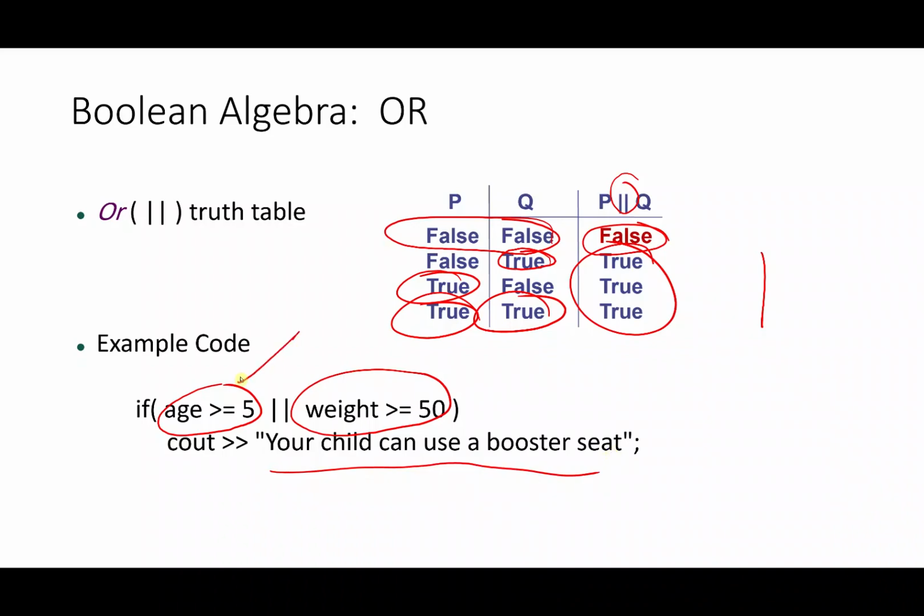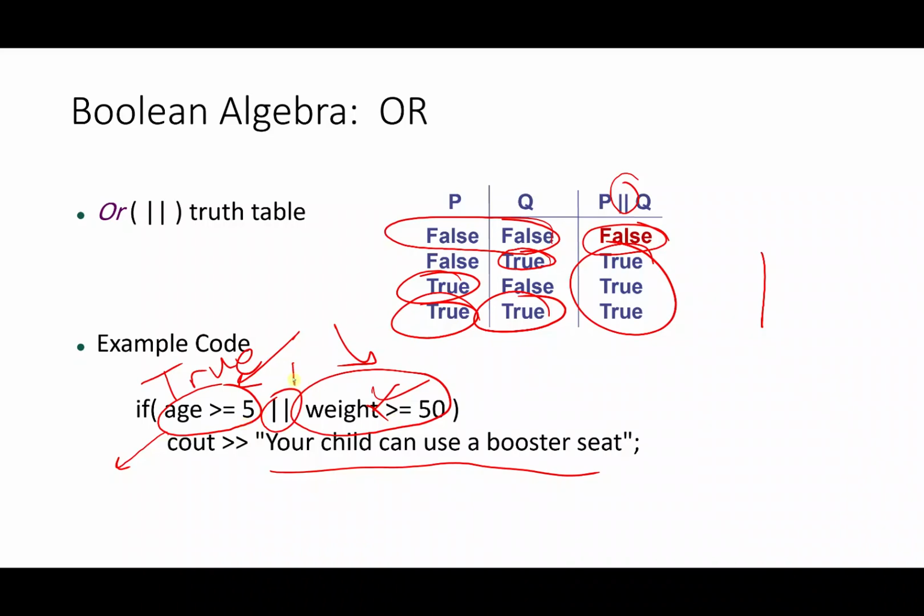Now, if any of them were true, right? So, if the age is greater than 50 and I find this true, why should I bother checking this one? I don't need to, right? Even if this is false, I don't need to check. This is where this comes into place.